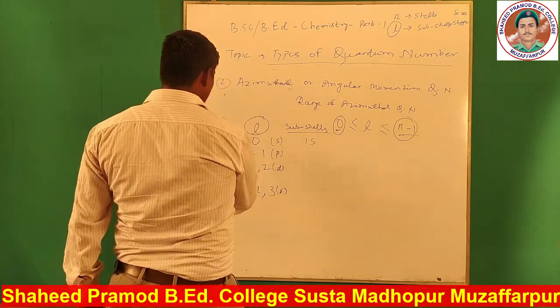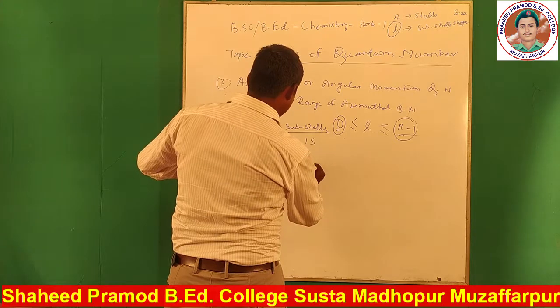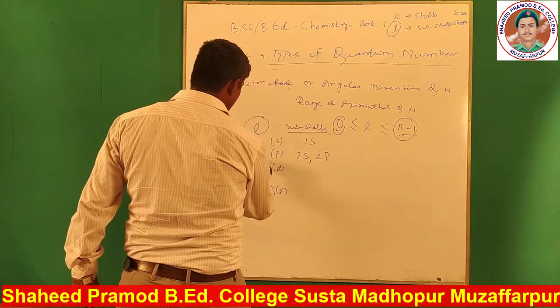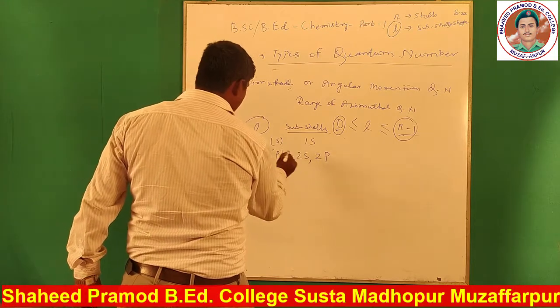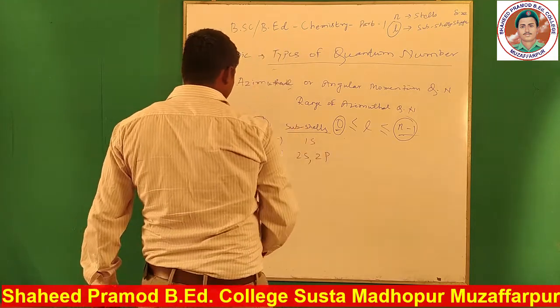For n equal to 2, what will be the subcells? 2s and 2p, since there is 0 and 1. So, 2s and 2p.